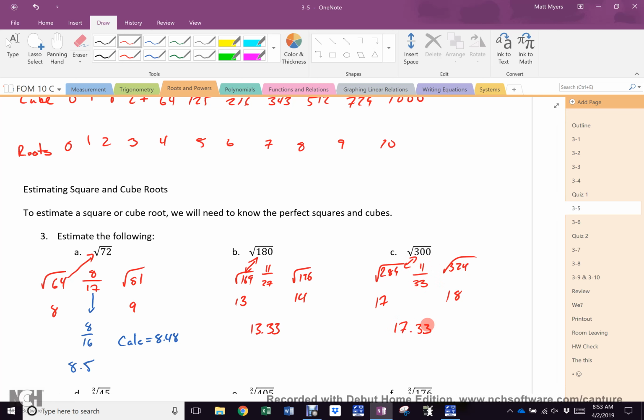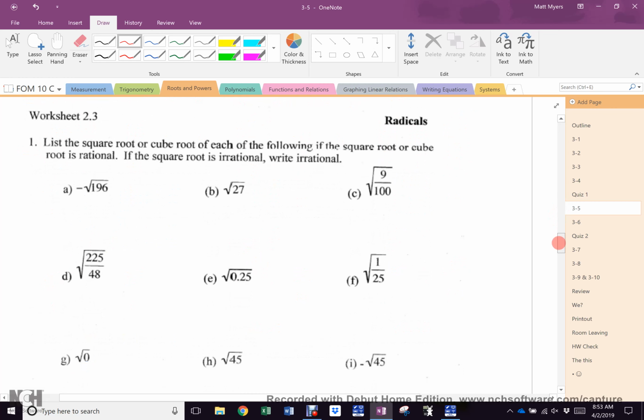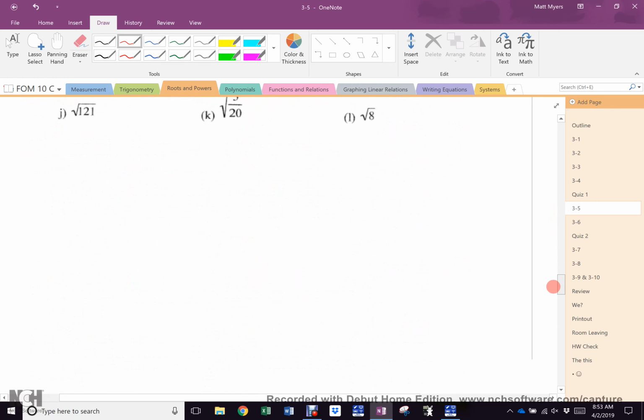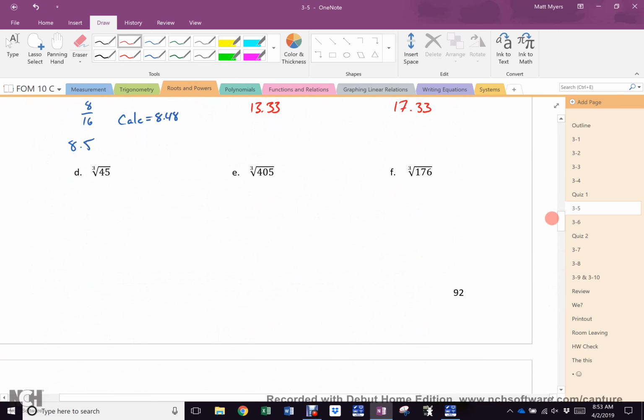All right. Now, what do you think happens if I'm looking for cube roots? Same thing, except the gaps are bigger, right? So we would do the exact same thing. 45 is between 27 and 64, which is 4.